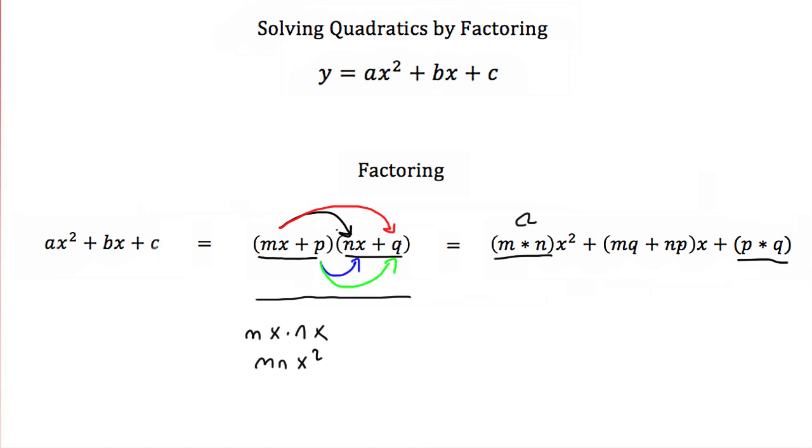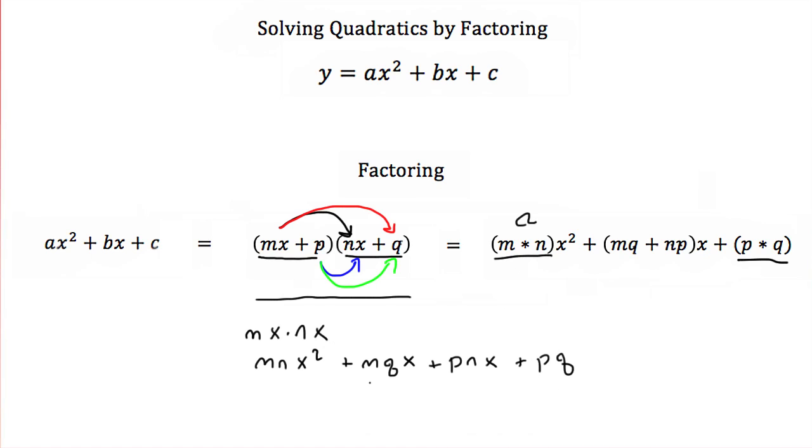Then I do my outside terms. I have an mx times a positive q. So that would be an mqx. Then if I do my inside terms, it's p times nx, or pnx, and then p times q would be our constant term.